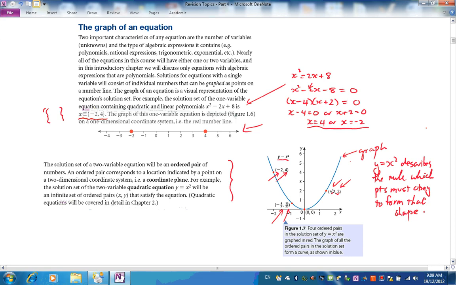Okay, so they are, if you like, the solution set of the equation y equals x squared. Or you could say that is a formula describing the rule, or giving the rule which points must obey to form that particular shape. So many ways of talking about these things.